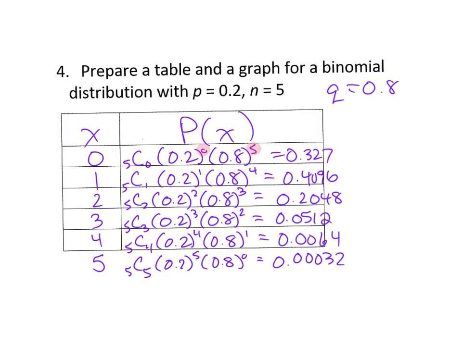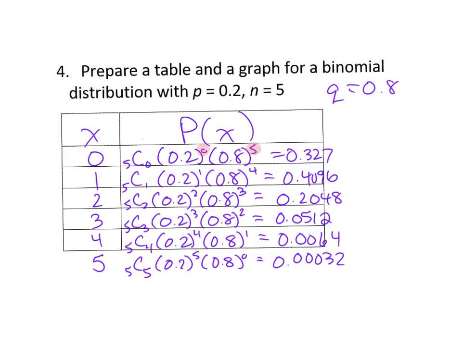So notice how, because I have a small chance of success, the probability of me being successful once is the highest because 20% of 5 is 1. So that has the biggest probability. And then my probability of being more and more successful goes down smaller and smaller.